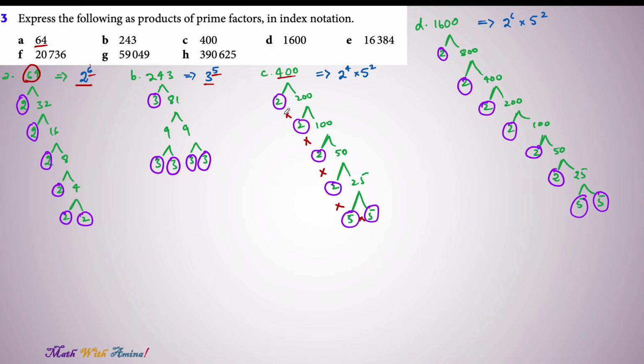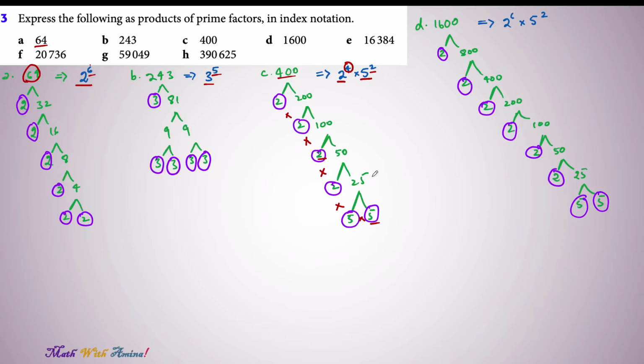We have two prime numbers, 2 and 5, then we count how many times each is expressed. So 2 is 1, 2, 3, 4 times appearing in multiplication, so it would be base of 2 and index of 4. For the prime number 5, the base would become 5 and the index would become 2 because it appears twice in multiplication.